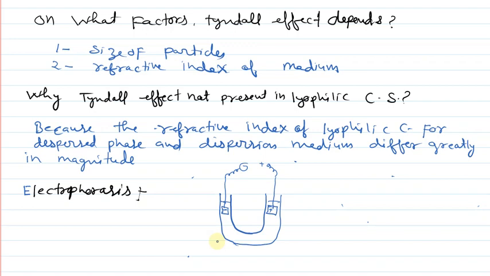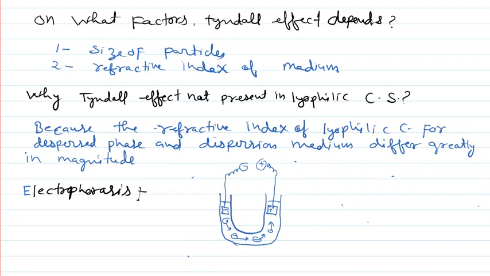All the colloidal particles start moving towards the opposite electrode. Suppose this colloidal solution contains negative charge. Then all the colloidal particles start moving towards the positive plate anode, and this process is called electrophoresis.